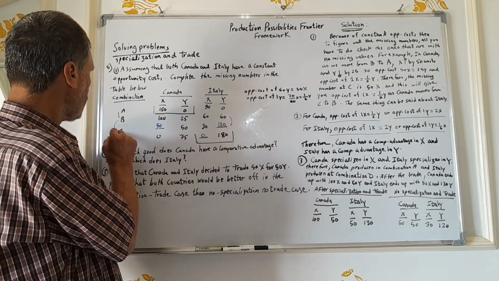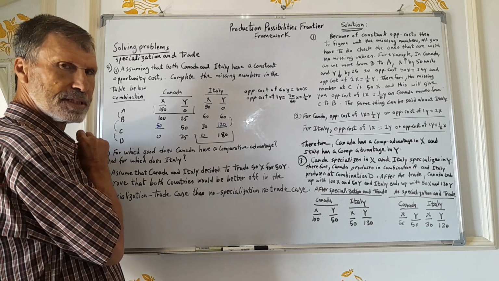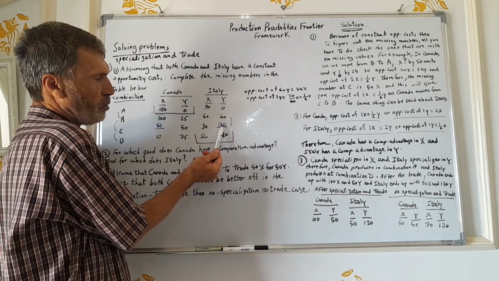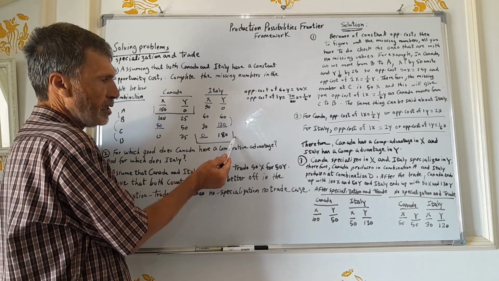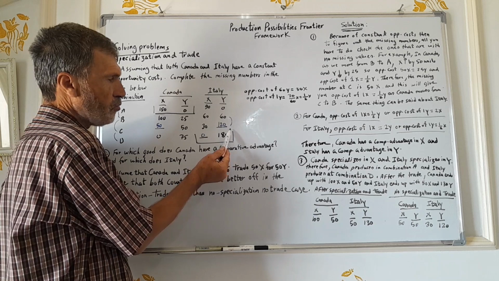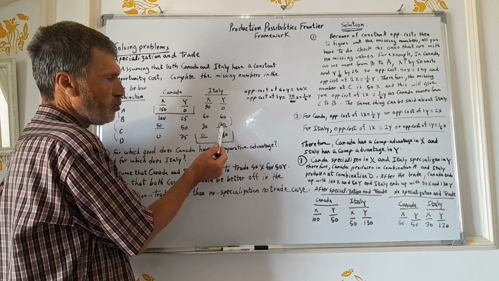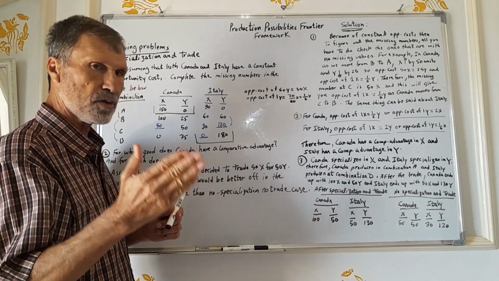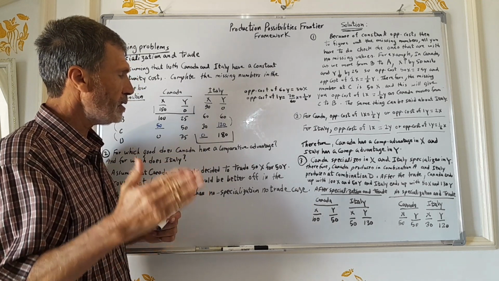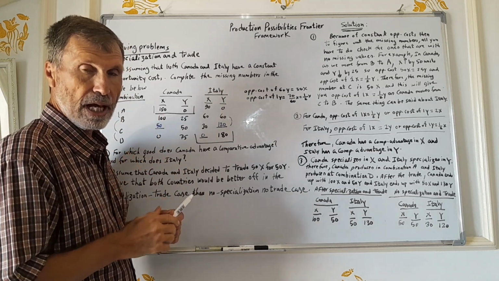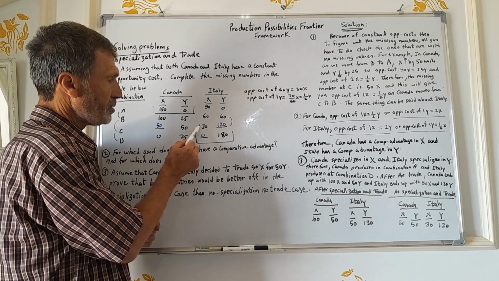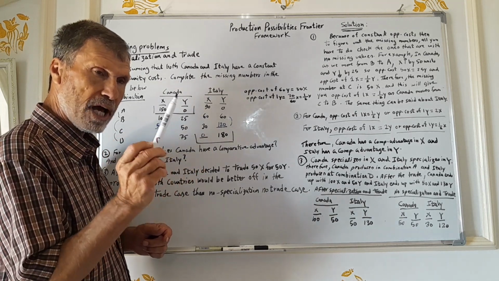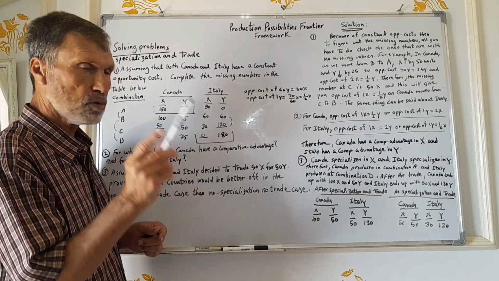Now same thing over here. The opportunity cost from C to D. As you move from C to D, now we know it is 120. So as you move from C to D, the amount of y increases from 120 to 180. That is, the number of units of y increases by 60 units, at the expense of what? Should be 30 to 0, because the opportunity cost of y should be 1/2 unit of x.